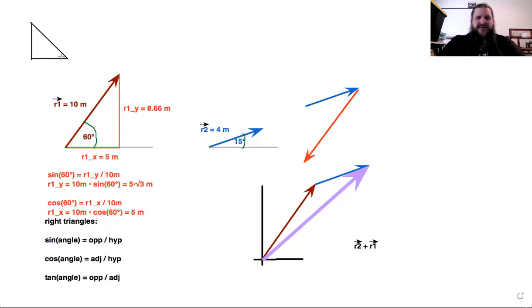If this angle is 45 and this angle is also 45, what does that tell you about these two legs? Yeah, specifically, they've got to be the same. Even if you don't remember the root 2 over 2 stuff, we know that the two legs have to be equal to each other because this is an isosceles right triangle. 45 and 45 are the same.